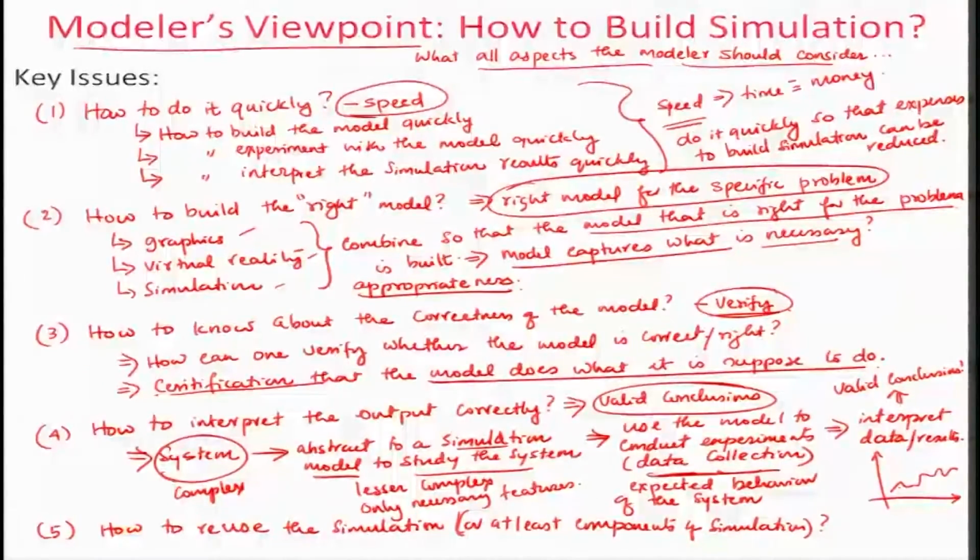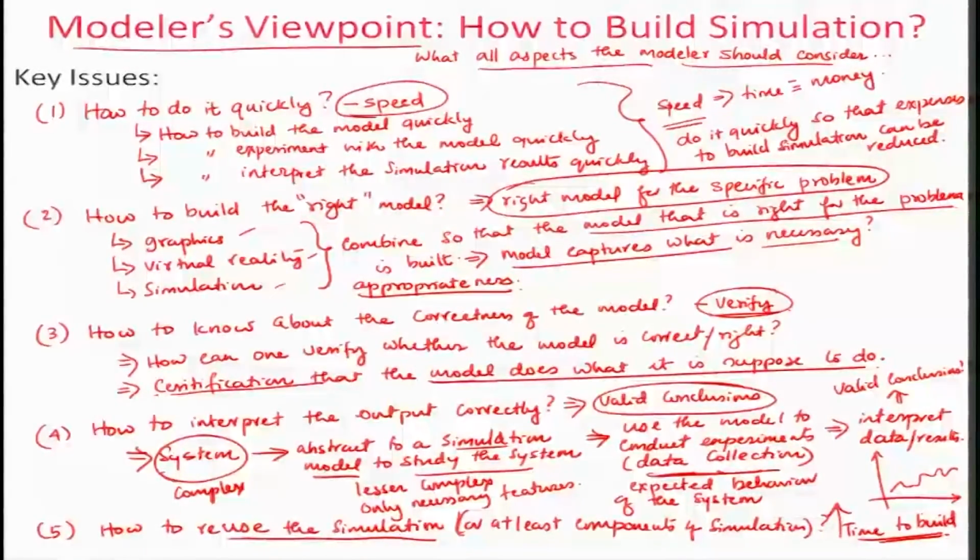So, there are multiple ways you can think about it, but the most important part is, why do you want to reuse the simulation? The first thing is the time to build. The time to build simulations is very high. You need to spend a lot of time to build simulations.